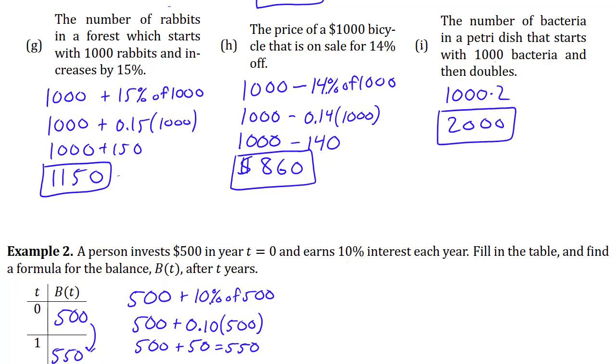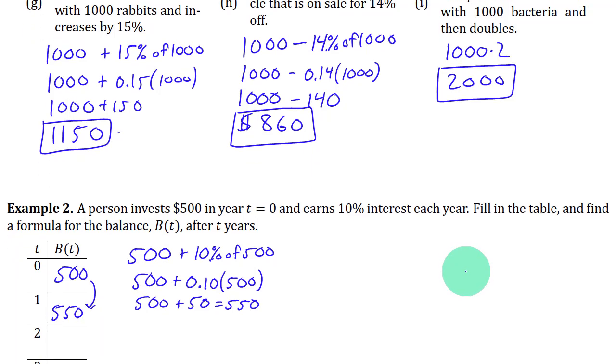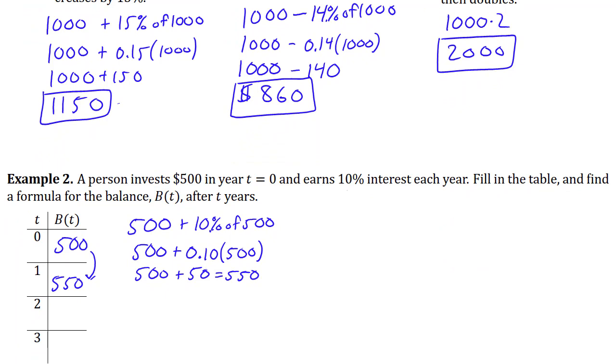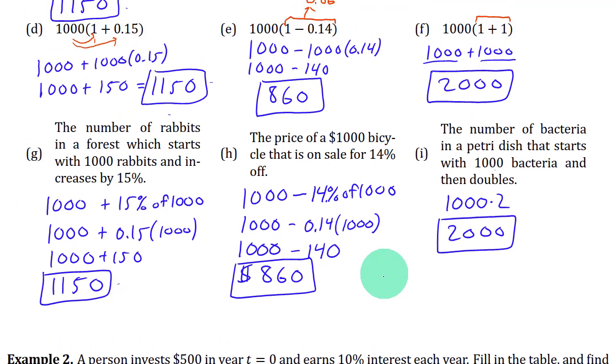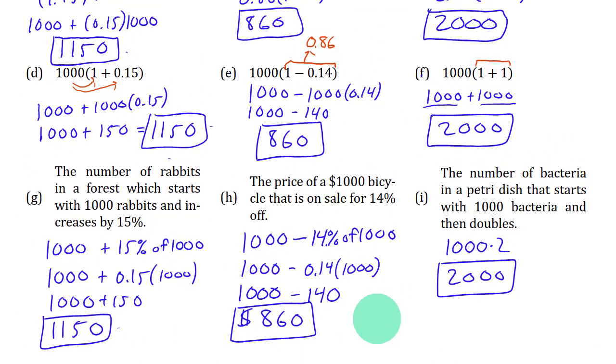Now, this is going to be a little awkward to do every time. If I wanted to find out what is the balance after 2 years, am I going to do 550 plus 10% of 550? And then for year 3, am I going to do that amount plus 10% of that? There's a better way to do it. So let's try to connect what we did in the previous exercise here.